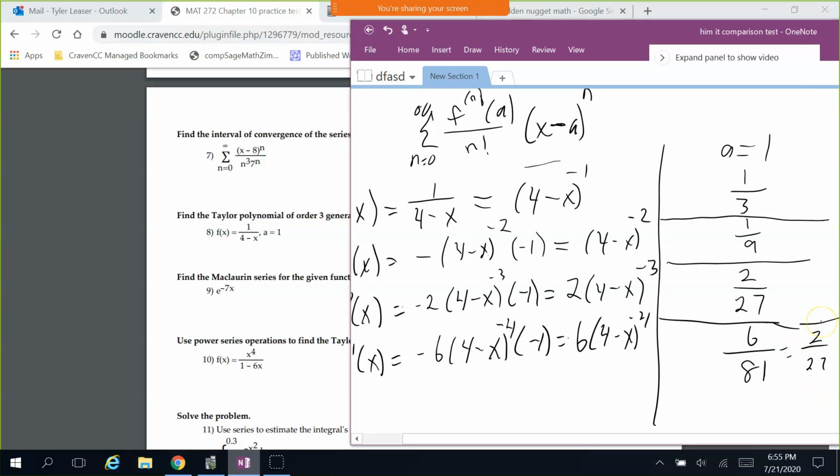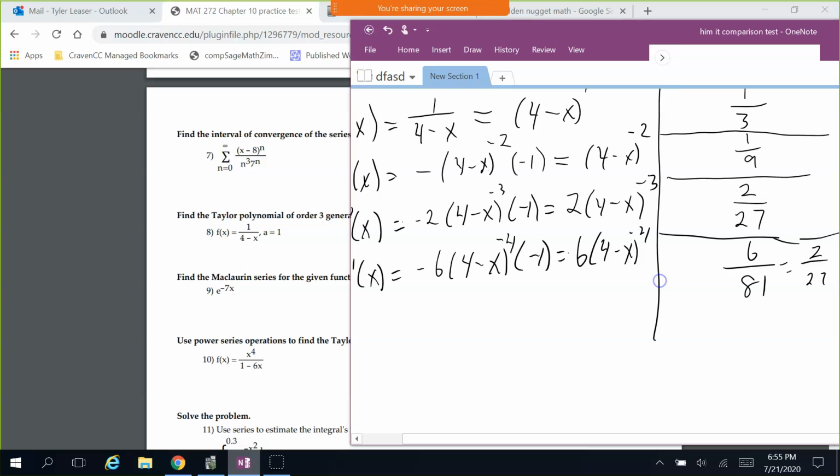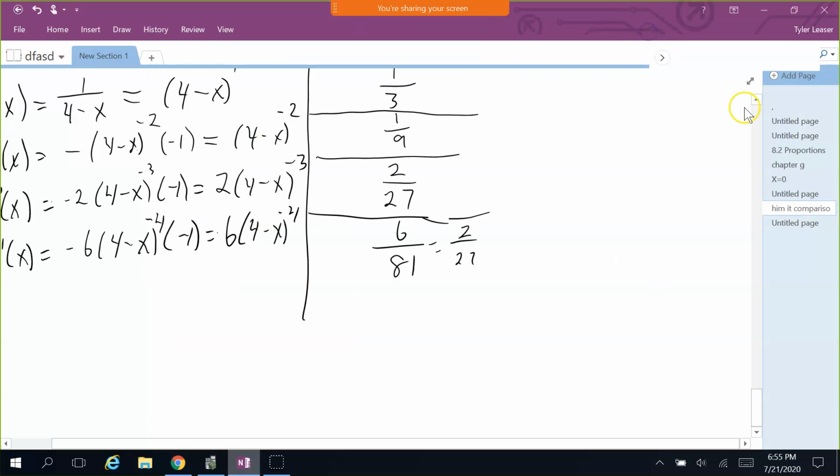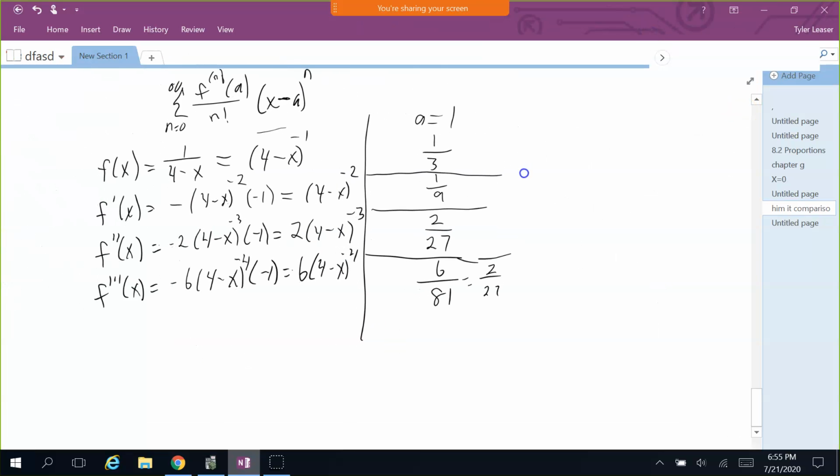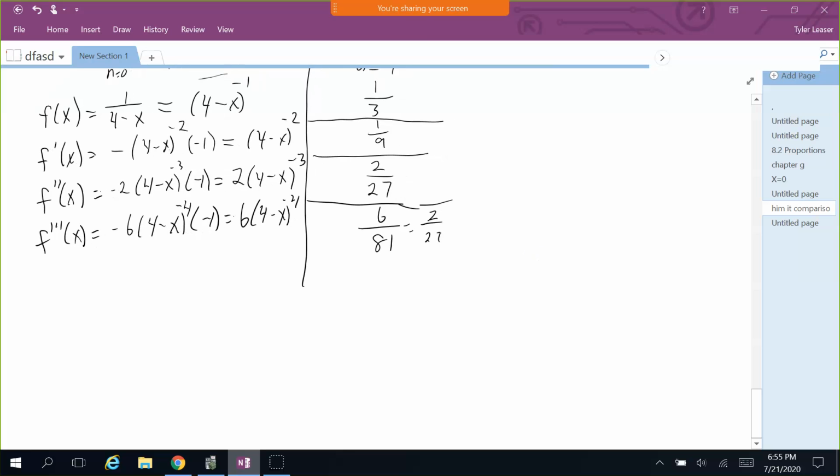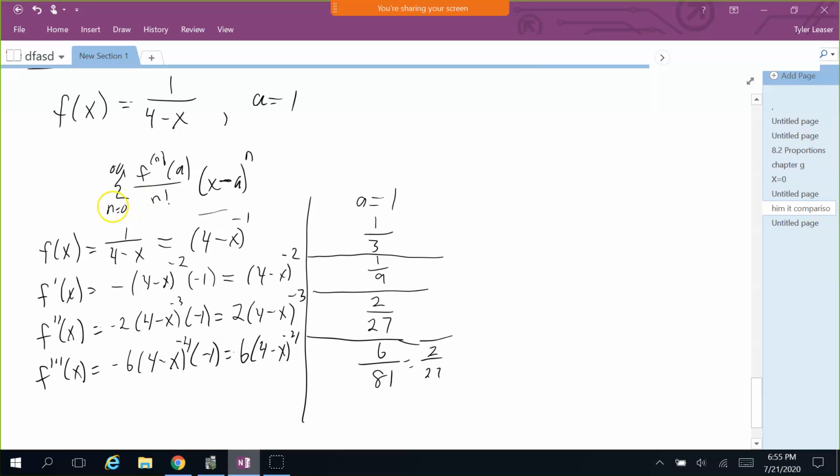These are going to be the coefficients of the Taylor series, or in this case, the Taylor polynomial. So we can go ahead and start plugging stuff in. Okay, so our Taylor polynomial of order 3. It's going to be the first term of the Taylor series. The first term of the Taylor series is plugging in n to be 0.